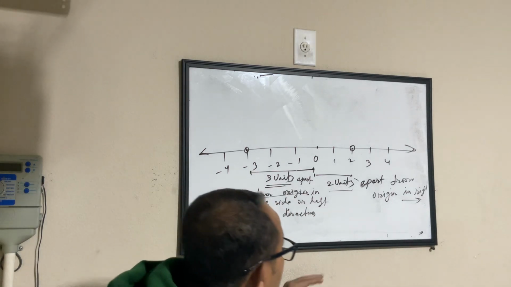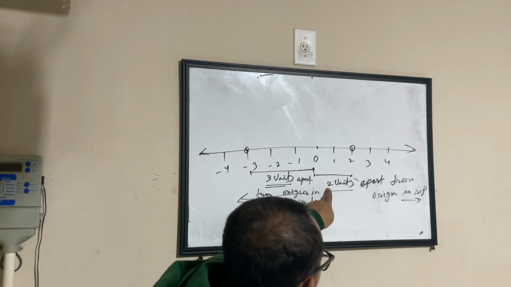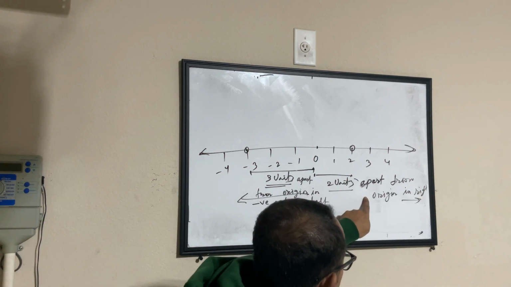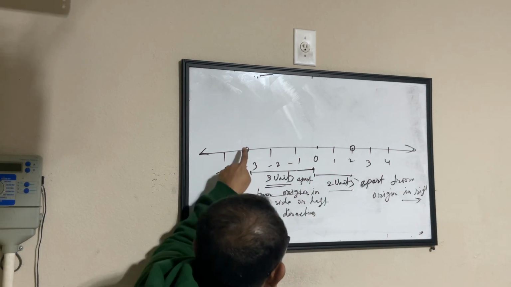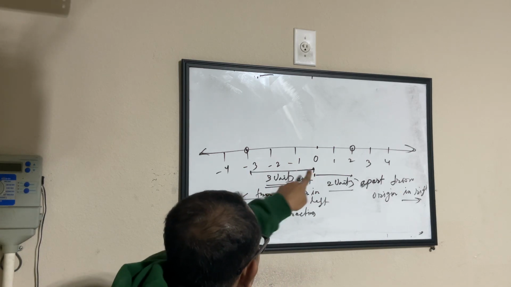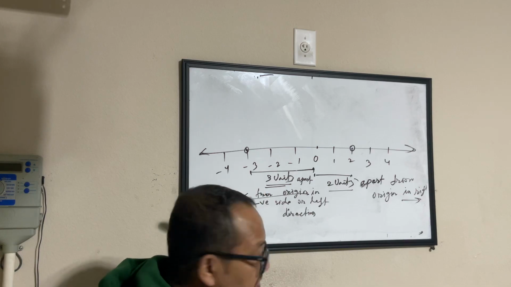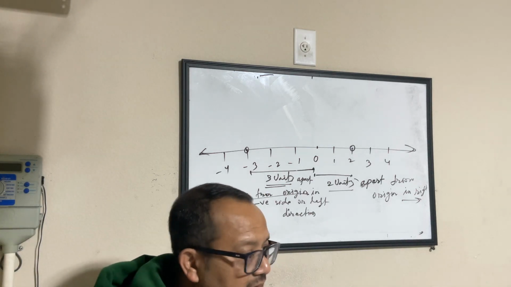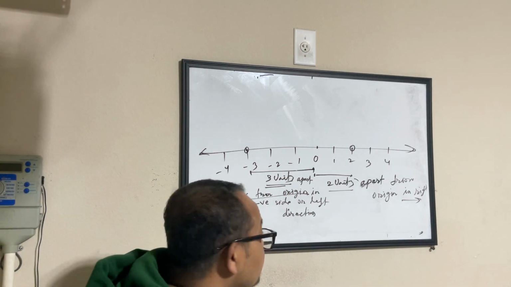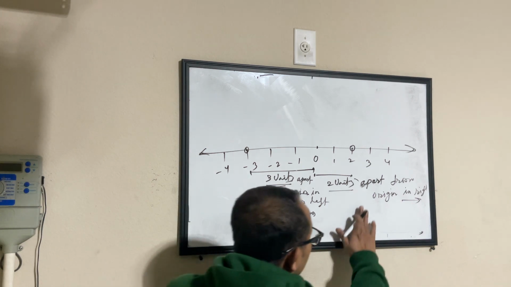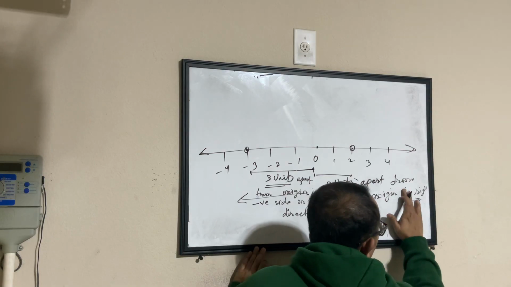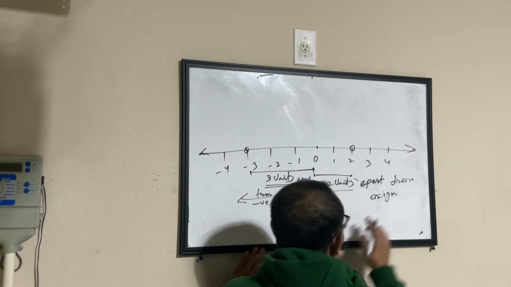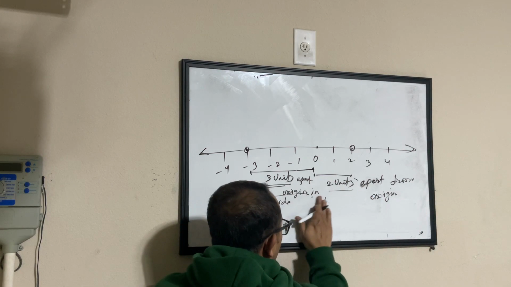Okay, so this 2 is 2 units away from the origin on the right hand side. This -3 is 3 units away from origin on the left hand side. Now when you talk about absolute value, what you do is you just forget about the direction part.